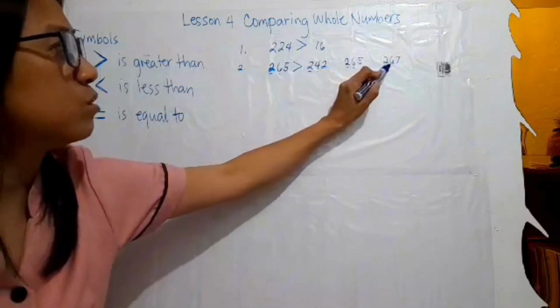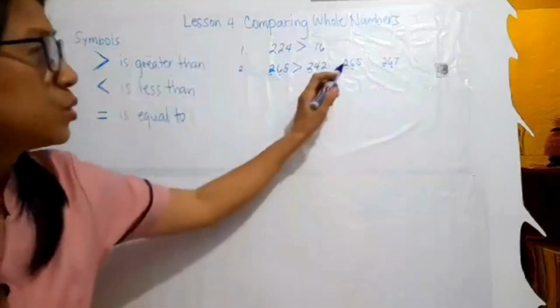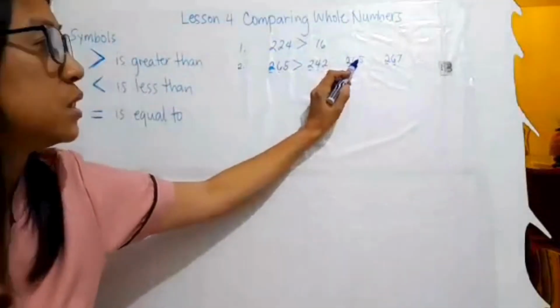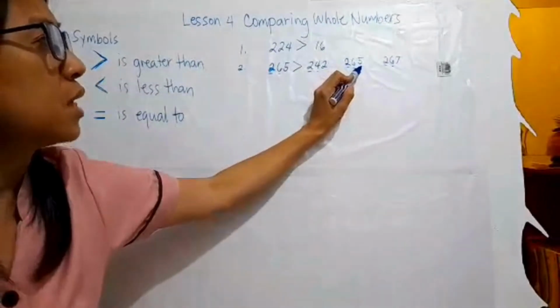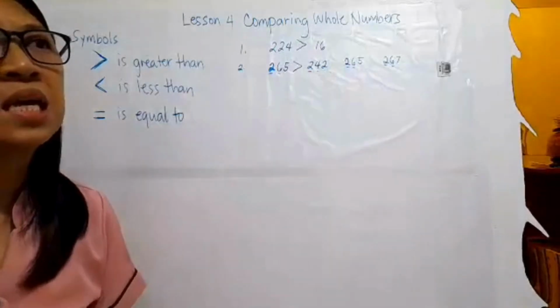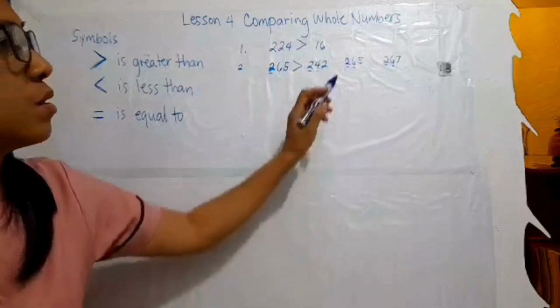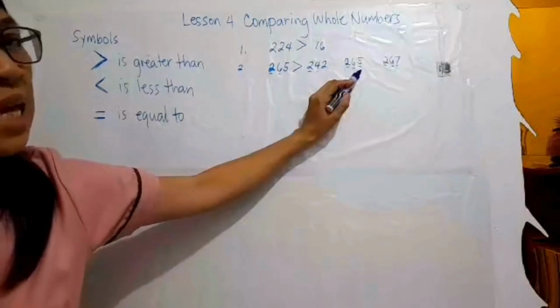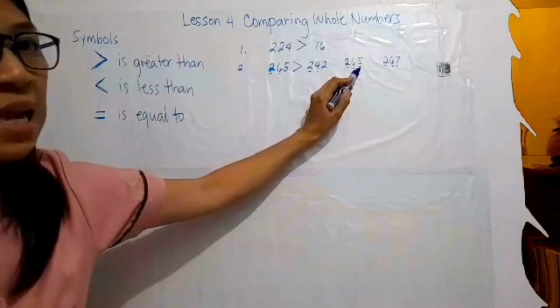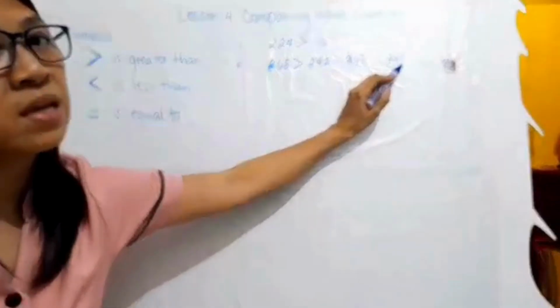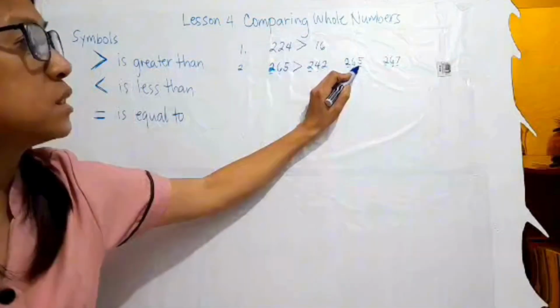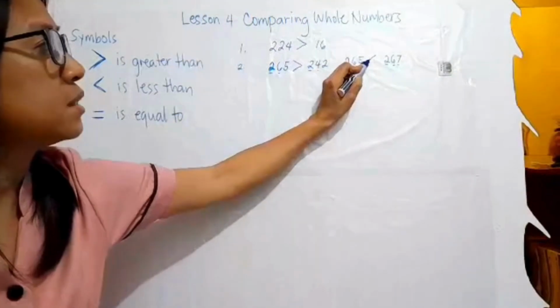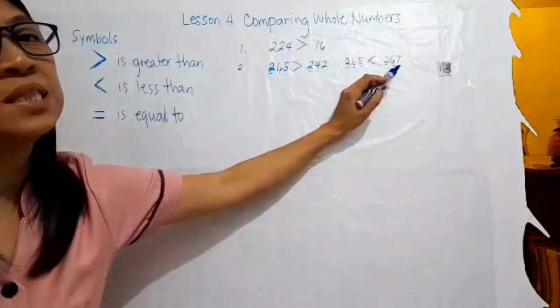But the next digit also has the same number. So we should also proceed to the next digit, until we reach a digit that is not the same. So in this case, we have 5 and 7. We can say that 5 is less than 7. Therefore, 265 is less than 267.